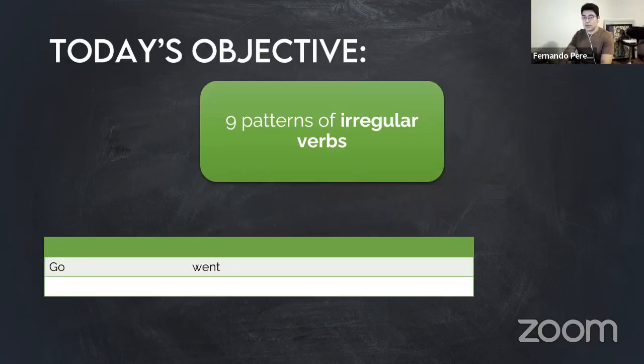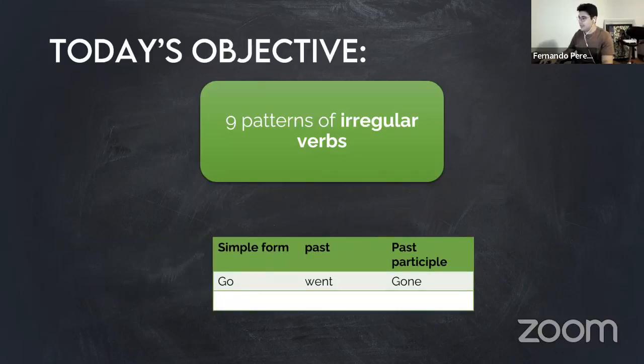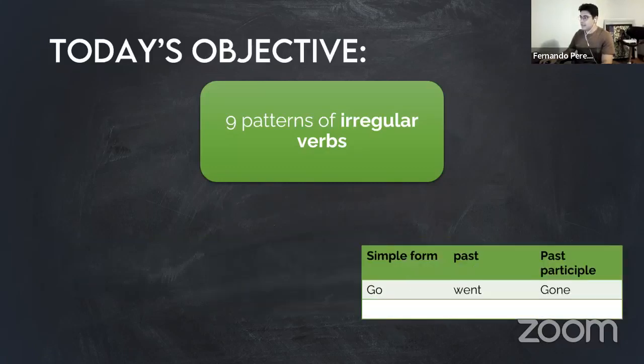And then we have a word like gone in past participle. Which is a very interesting thing, because the expression, for example, goer doesn't exist, no?